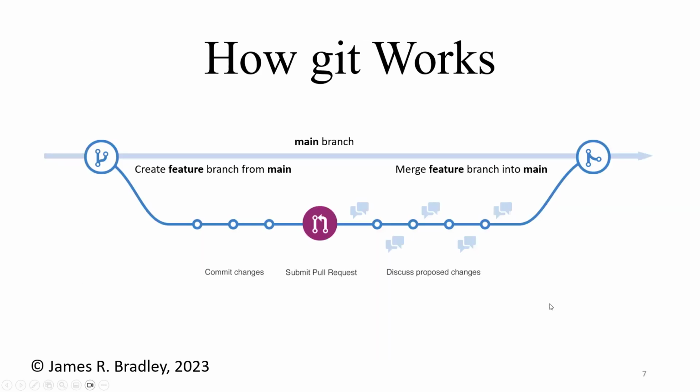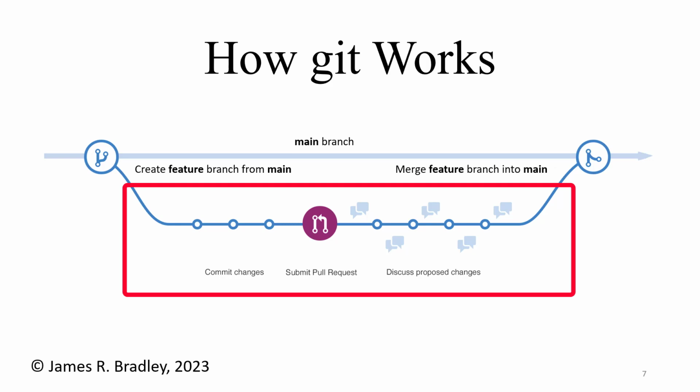Typically, how Git development works, ignoring for the moment version control, is that there's always a main branch of your repository. And the main branch always represents code that is functioning. If you want to introduce a new feature, let's say, or resolve a bug, what you do is create a branch, which is represented by the lower line here.